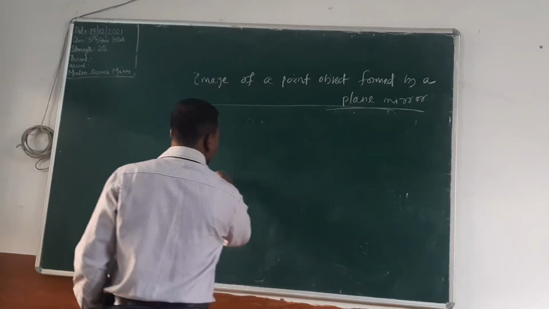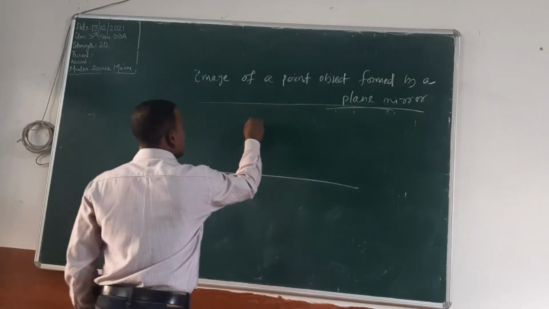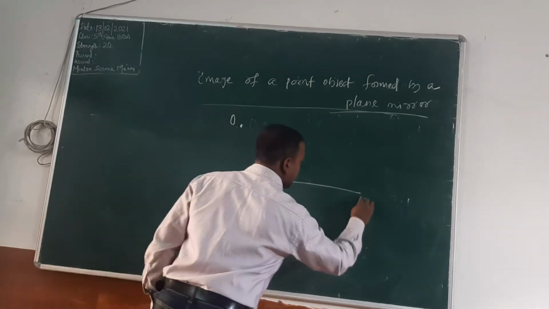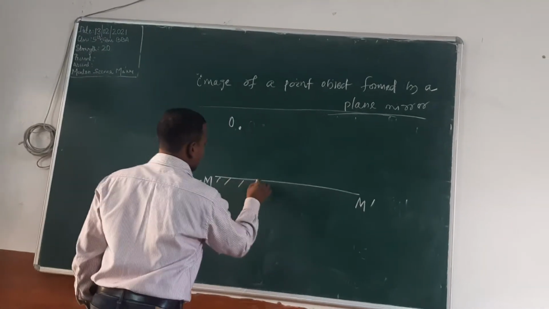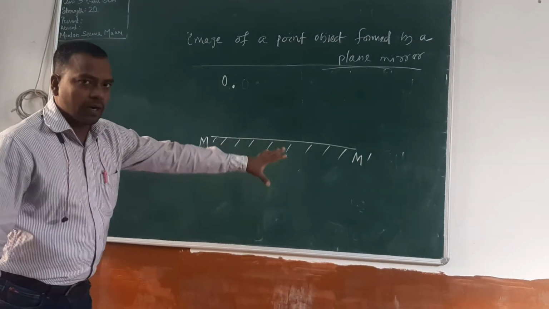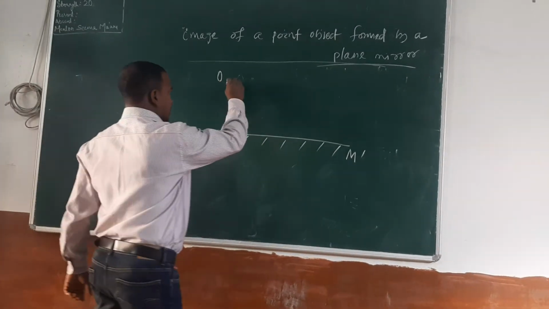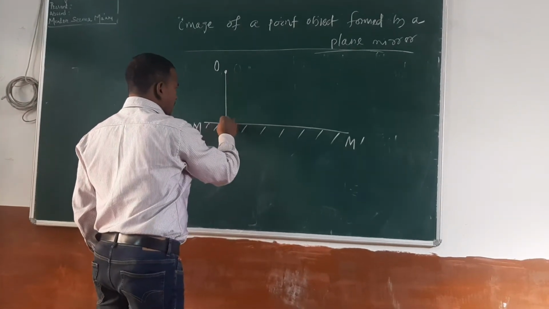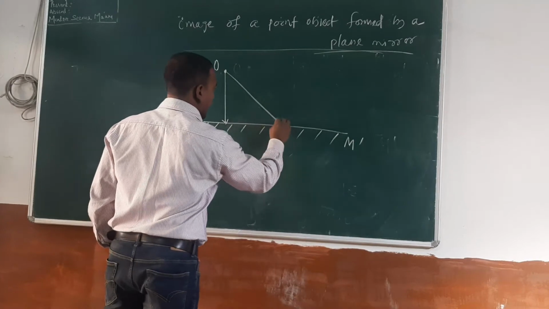Suppose we have a point object O and this is N M1. This is the mirror and O is the point object. Two rays we have to consider. Suppose this is OF and OA.